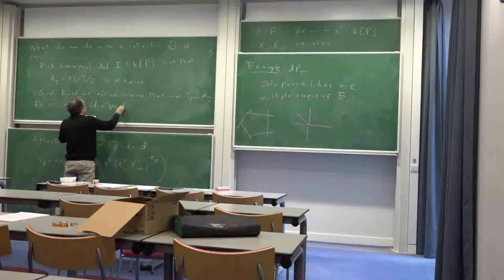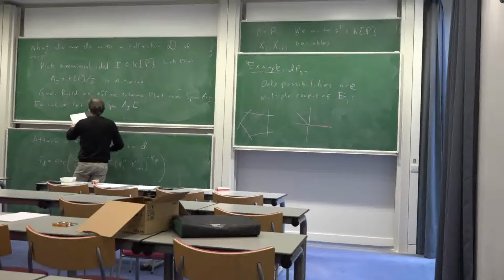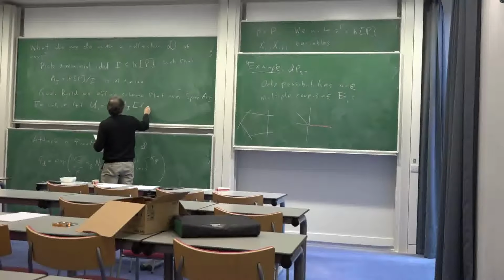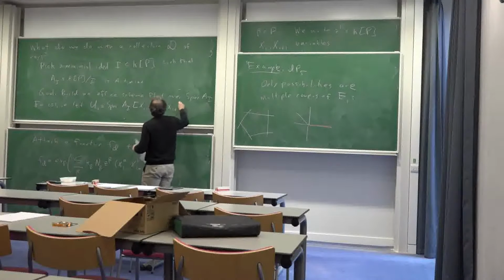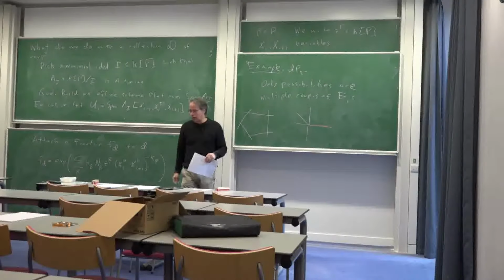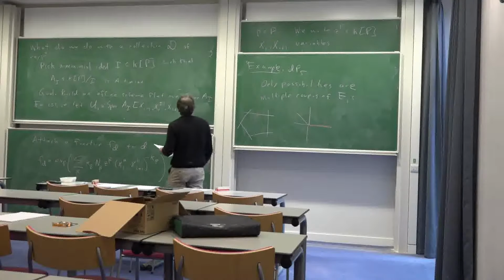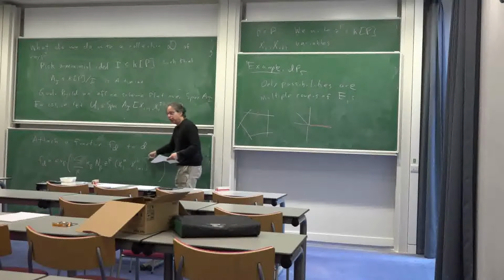So Spec A_I, then you adjoin a couple of variables. This is now where we are going to see what those x_i's really mean that were in the formula over here.